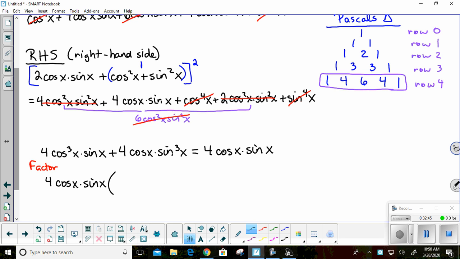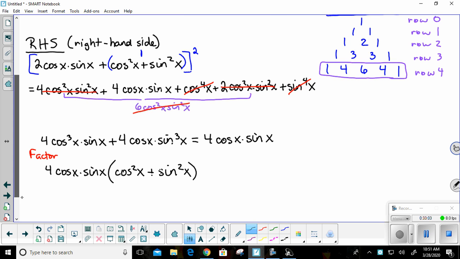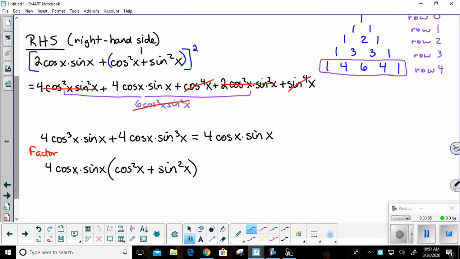If I factor that out of both terms just on the left-hand side, I am left with cosine squared x plus sine squared x. Let me scroll down to get out of my dead spot here. Cosine squared x plus sine squared x. And then the right side is still 4 cosine x sine x.